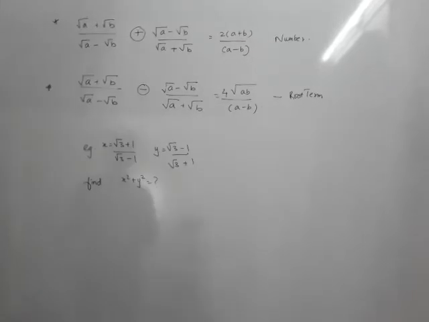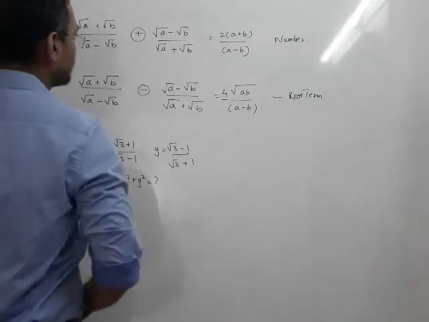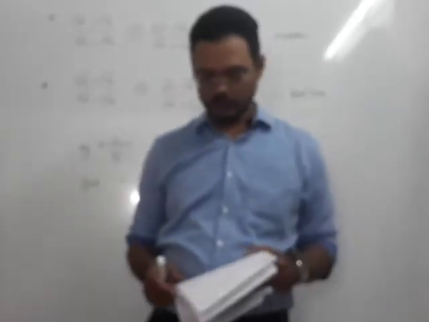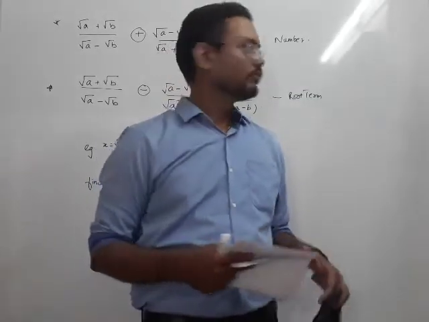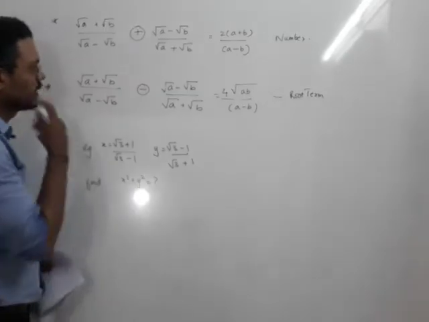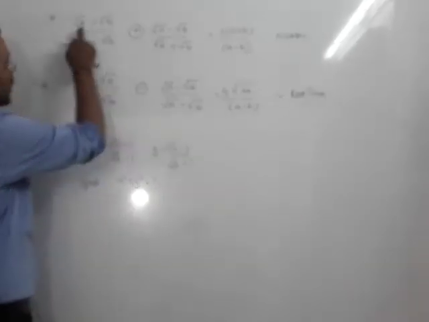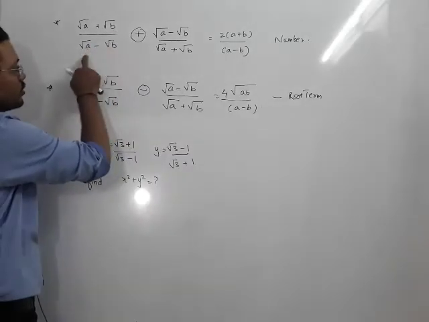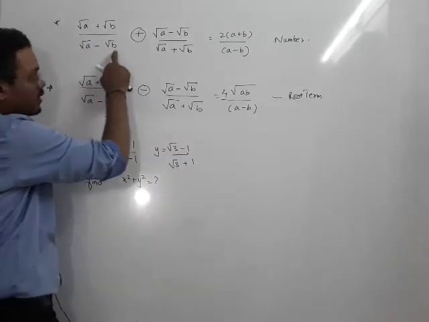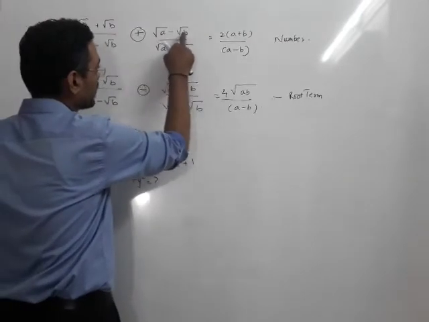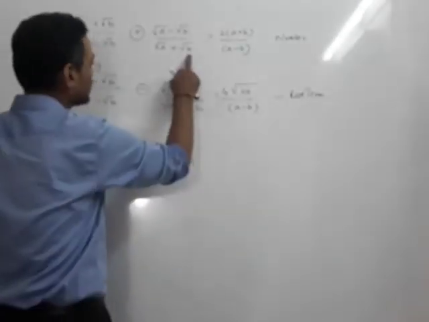Alright, so this is the last one, another type, after which we will start solving the questions. This is again frequently asked, when the question is in the form root a plus root b upon root a minus root b, plus root a minus root b upon root a plus root b.